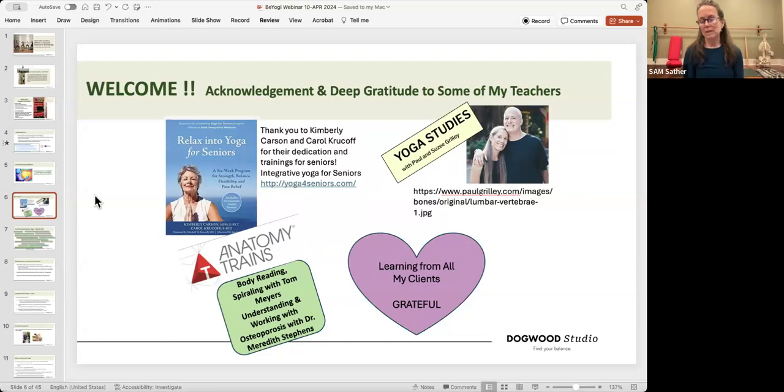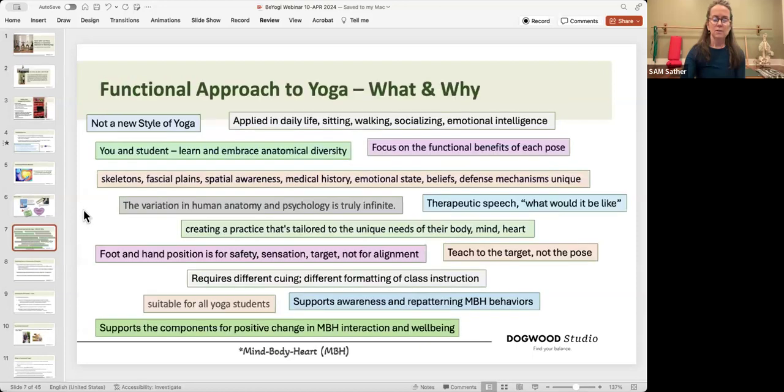And actually, Amanda, one of our teachers, and I were just up in Boone, North Carolina this last weekend with Tom Myers from Anatomy Trains. But what I really love about these teachers is this blend, this mix of so many things, and definitely body, mind, and heart. So gratitude, gratitude, gratitude.